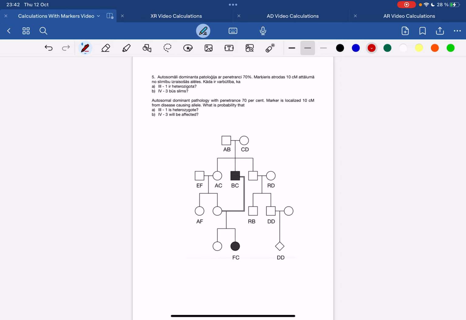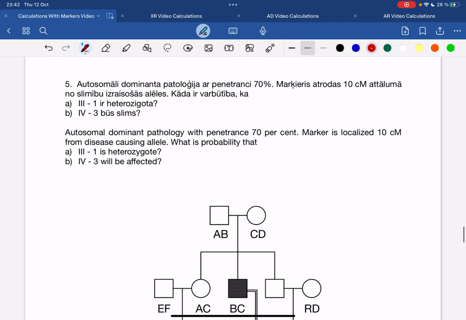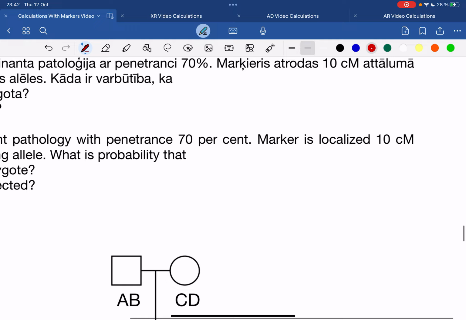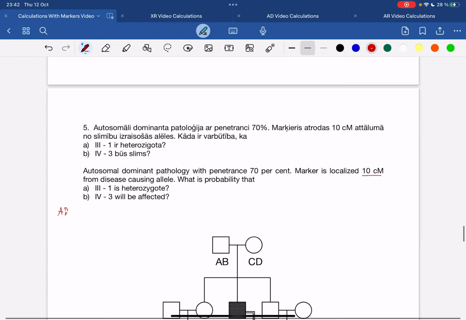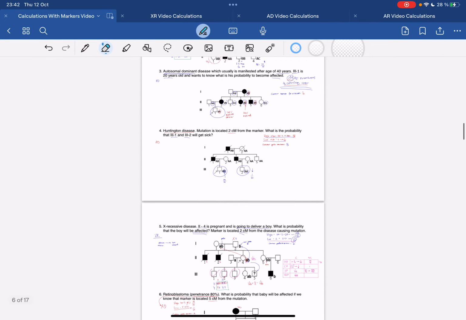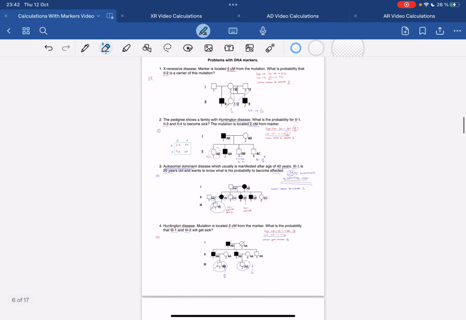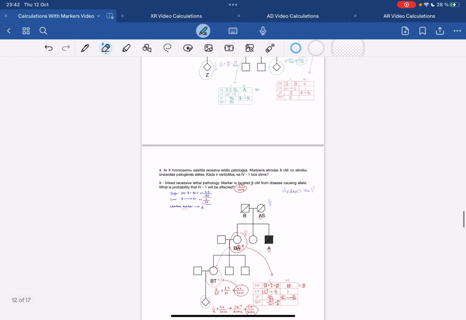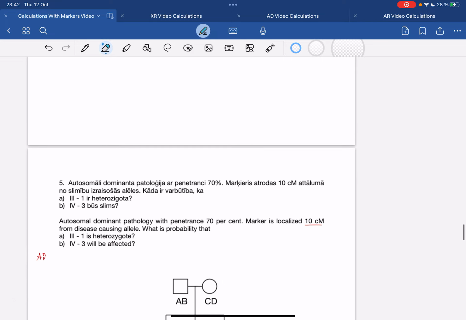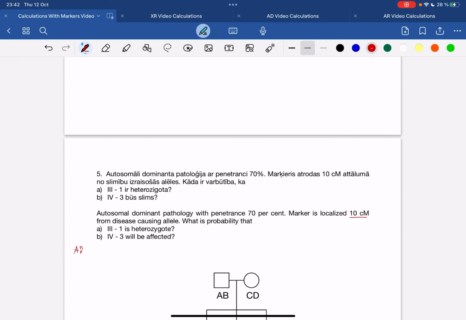Okay, last question. We have an autosomal dominant disease with a penetrance of 70%, and markers located 10 centimorgans away from the disease-causing allele.